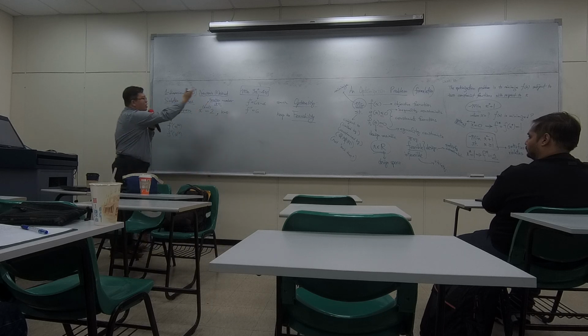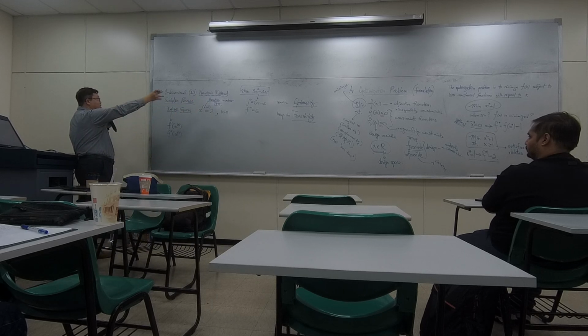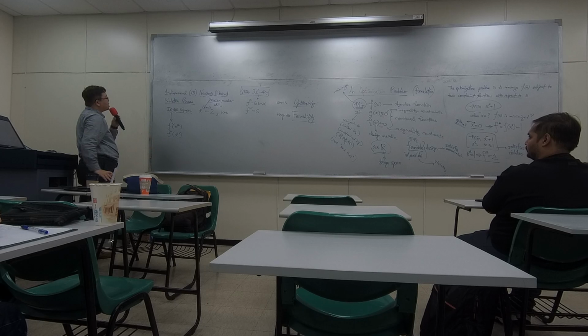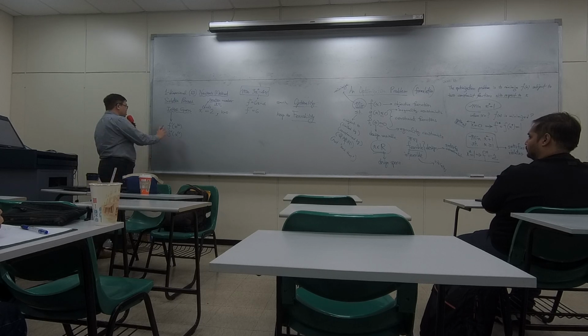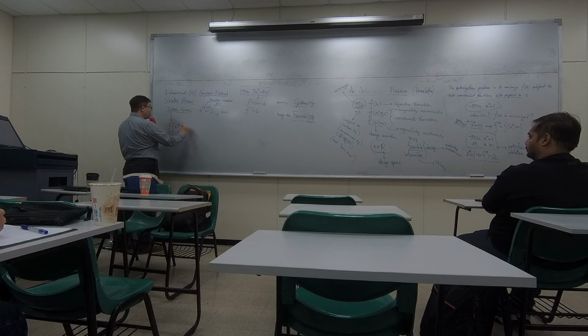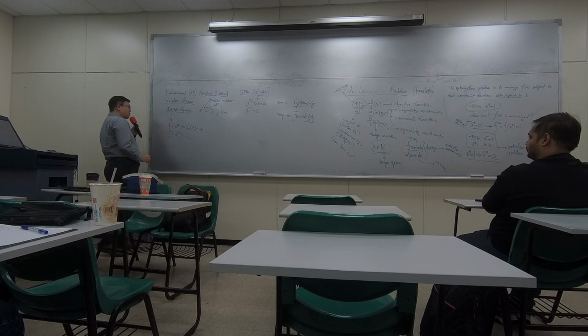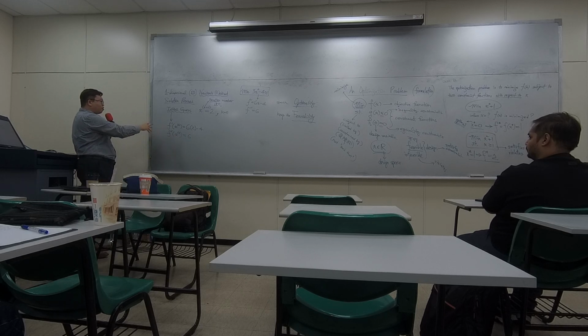Okay, so those are the basic information that I need for the optimization process. So over here, I just plug in, so 6 times 2 minus 4, here this is 6.